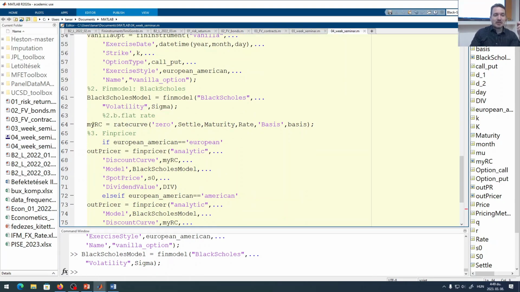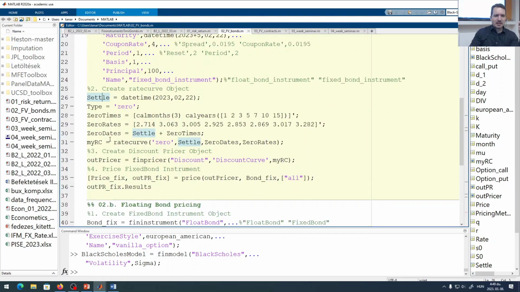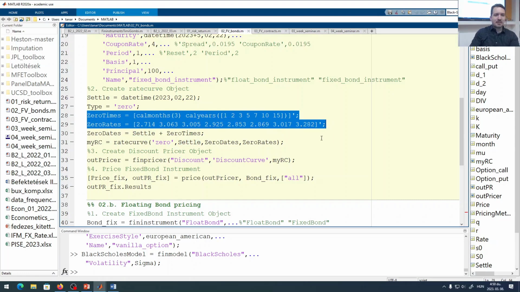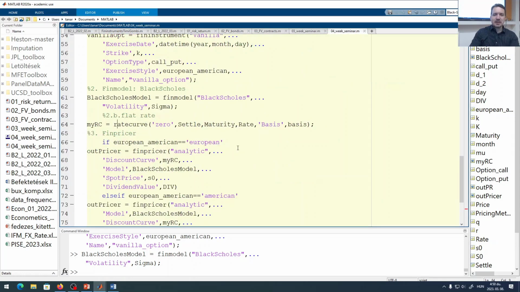But right now. Okay, and also, if we remember on the bond pricing, we had this nice rate curve object, so we had the entire yield curve. And after that, this is when it was used for present value calculation. Right now, this is utterly useless. So we can see this is not a yield curve. Right now, this is just defining that we have an interest rate.